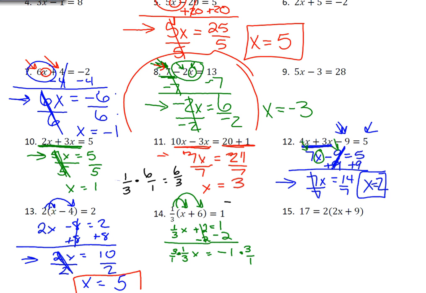I have negative 1 times 3 over 1, which gives me negative 3 over 1, which is just negative 3. So again, my 1/3 and my 3 will cancel out, leaving me with x equals negative 3.